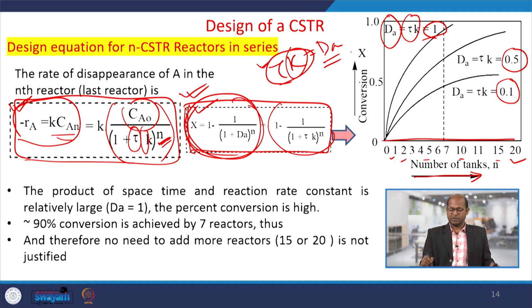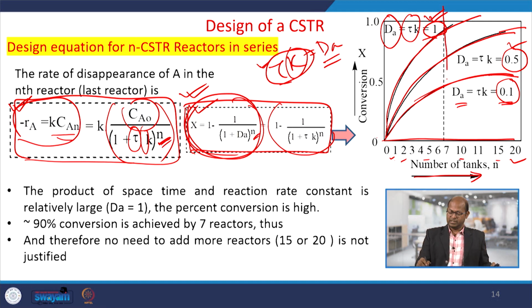If the DaA value is 1, the conversion versus number of tanks follows this line. If the DaA value is this, then from the equations we get the conversions. As the number of tanks increases from 1 to 20, the conversion varies like this, and when the Damköhler number is a very small value, 0.1, the conversion line follows like this.